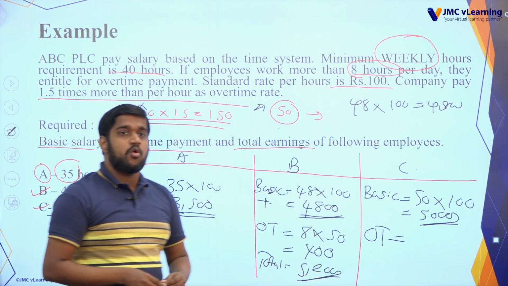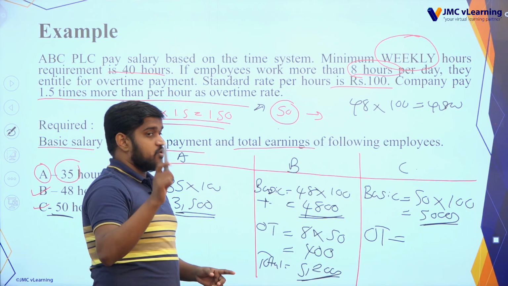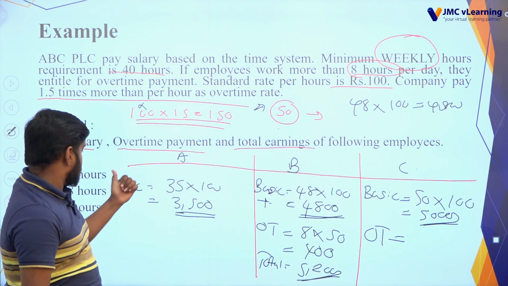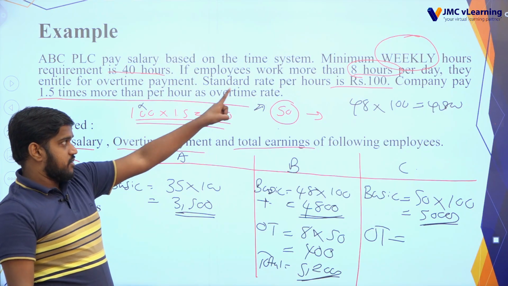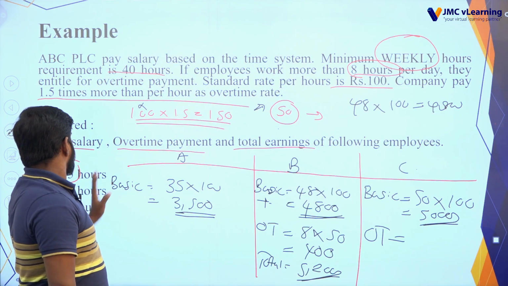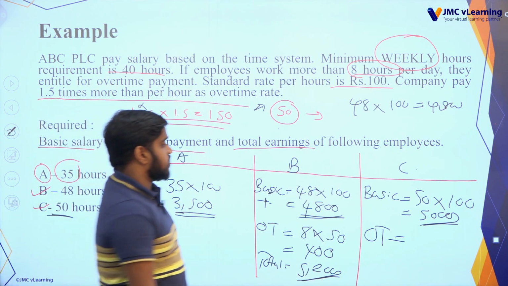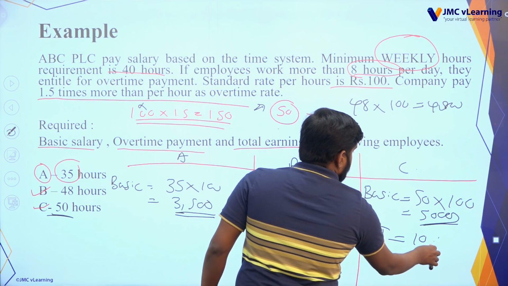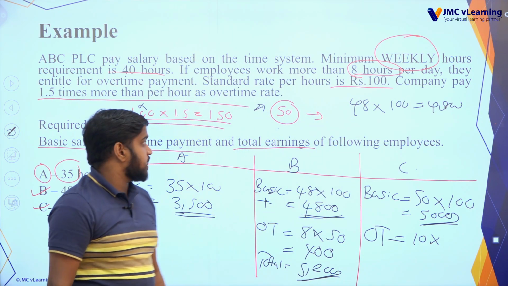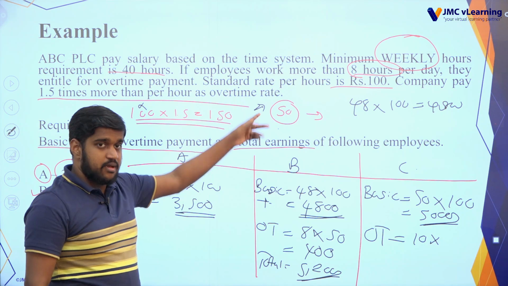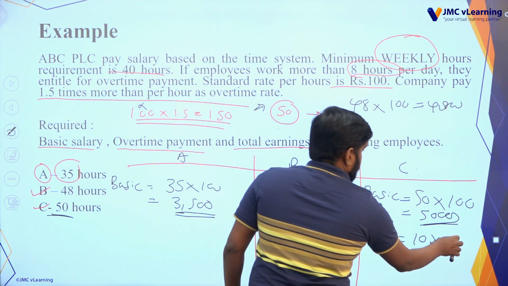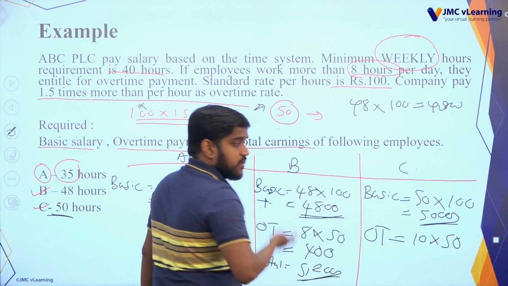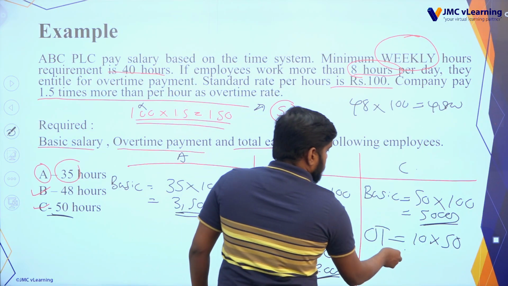Then we need to get OT, overtime payment. Then how can we get overtime payment? We need to get excessive hours. How about excessive hours of C? Weekly requirement is 40. Then he worked 50 hours. Then our excessive hours is 10. We need to multiply this 10 by 50. 50 is our OT payment, the additional amount that we pay.